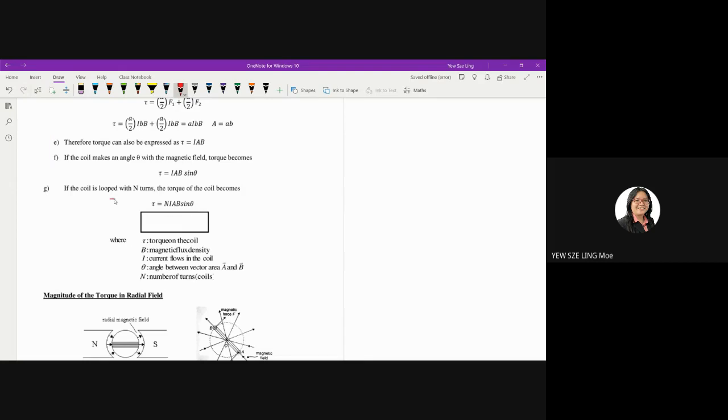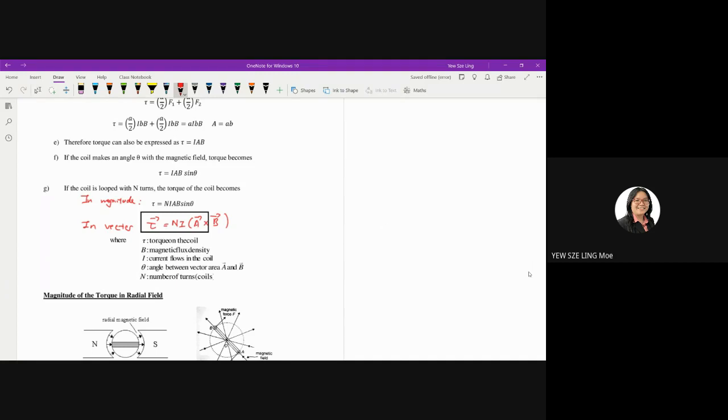This is in magnitude form, and then in vector form you have tau equals N I A cross B. You see, it is again in the format C equals A cross B. Since you have this equation, it means you can determine the direction of torque by using the right-hand grip rule again.